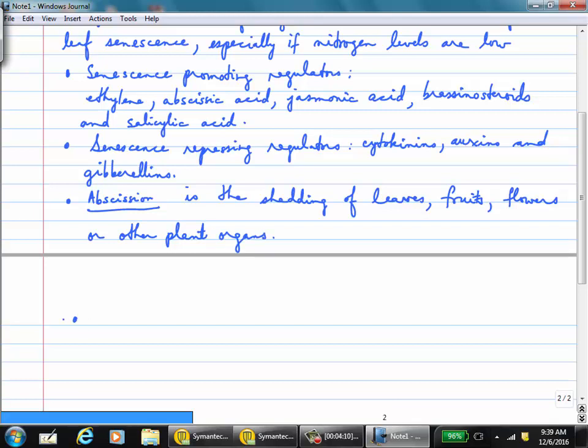And this kind of abscission is brought about by programmed cell death. Because the cells that are attaching, let's say, the leaf to the rest of the plant, they will die. There's going to be programmed cell death, or they will senesce, and then the leaf falls off, very neatly.